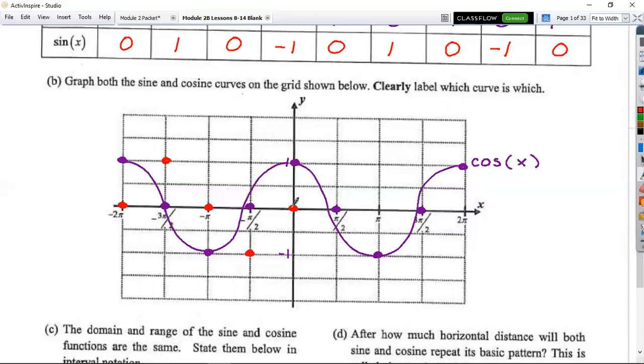It doesn't matter, whatever you choose is fine. Now I'm going to keep going and continue my pattern. You can draw as you go, whatever helps you make the best looking graph. And down at negative 1. And back up.